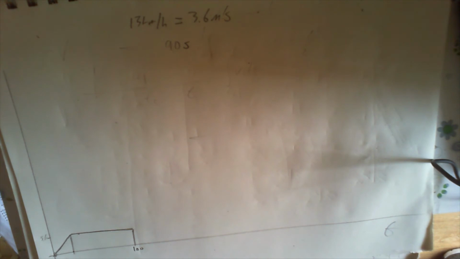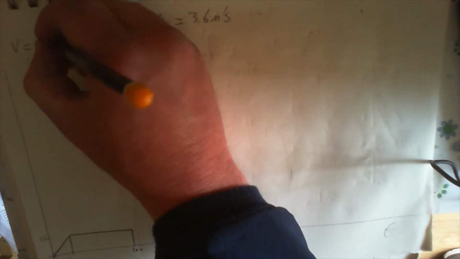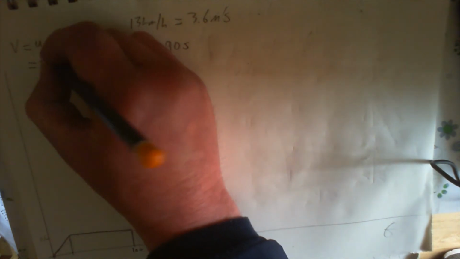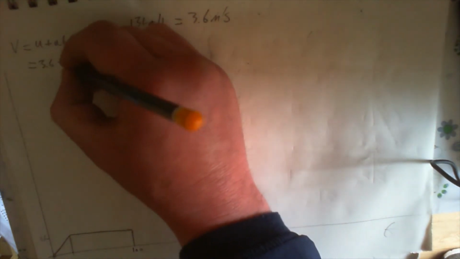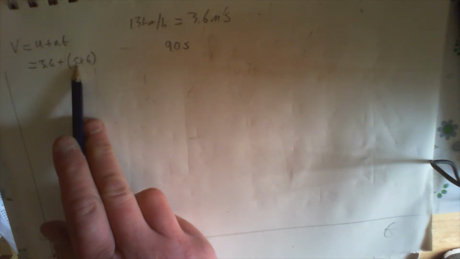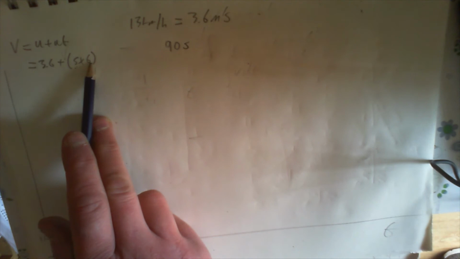accelerate for another 5 seconds at 6 meters per second. So the velocity is going to be v equals u plus at, which is 3.6 plus 5 times 6, because it accelerates for 5 seconds at 6 meters per second, that's right.